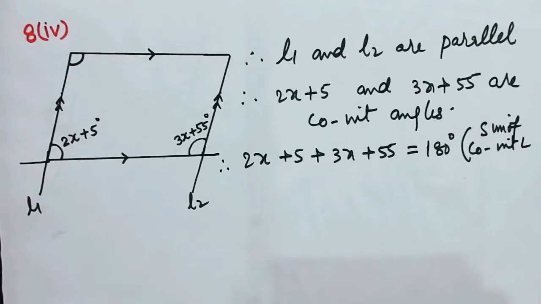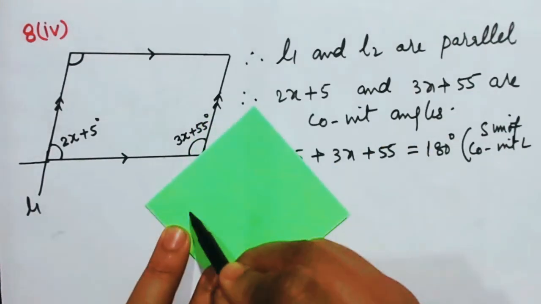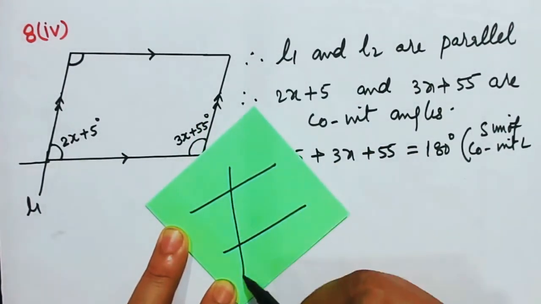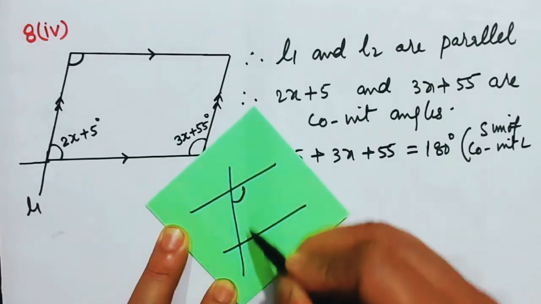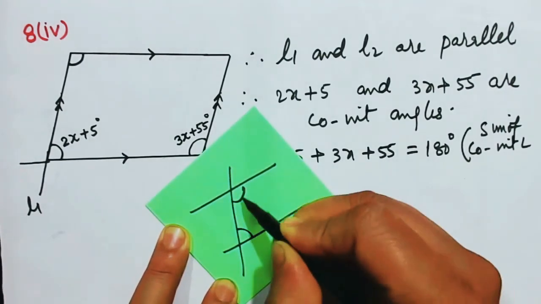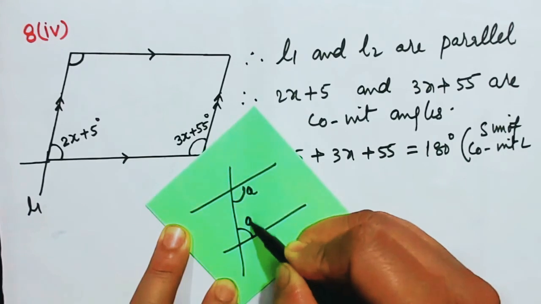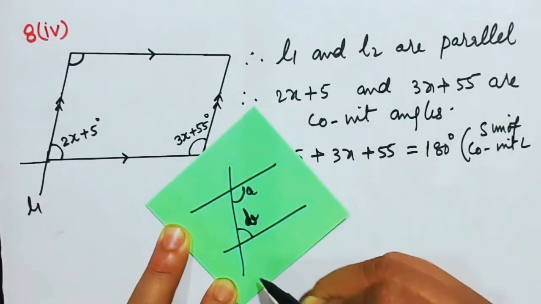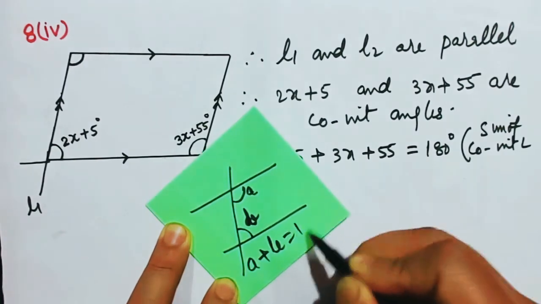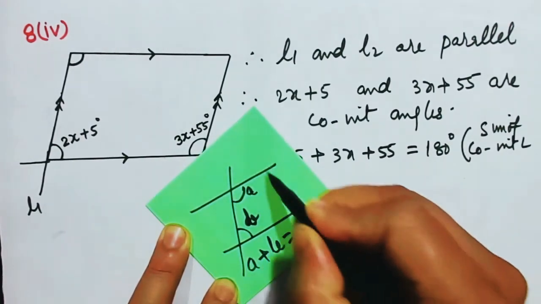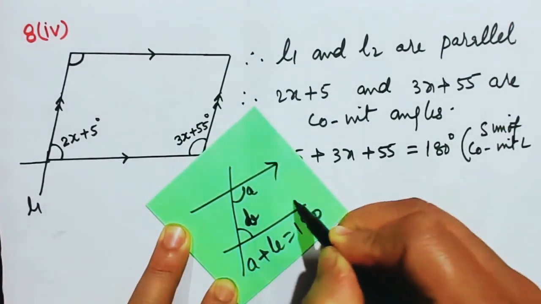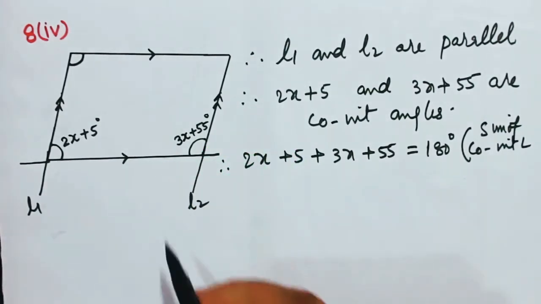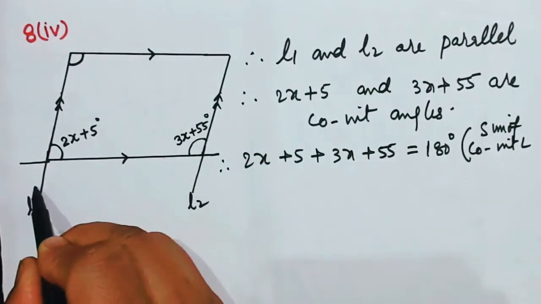When two lines are given and this is a transversal, naturally these two are co-interior angles, but their sum will be 180 degree only when these two lines are parallel. So these two lines are given parallel.